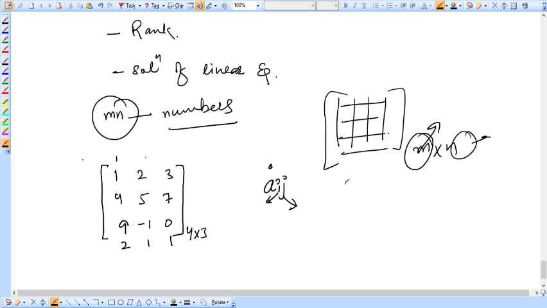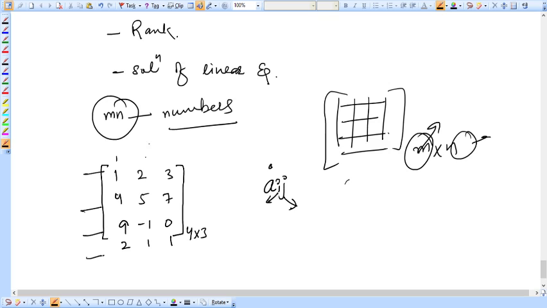So see here, how many rows do you have? 4 rows, right? I'm just revising the content which you have already done in the elementary classes. I'm not going into the detail, just giving you a brush up. So you have 4 rows here and 3 columns.